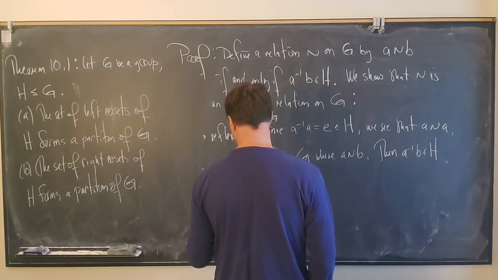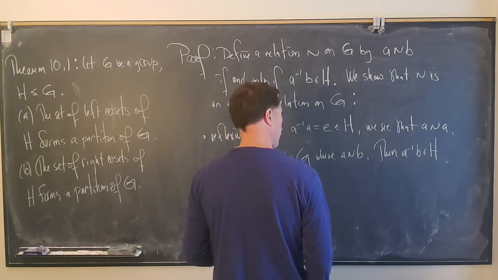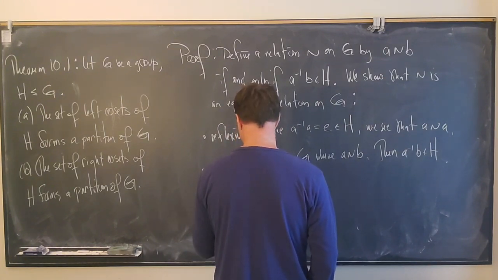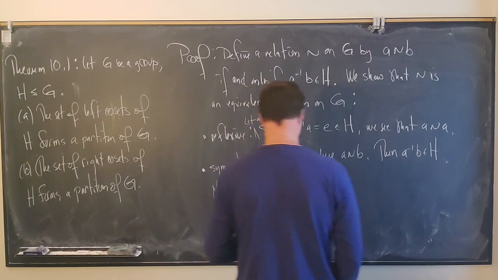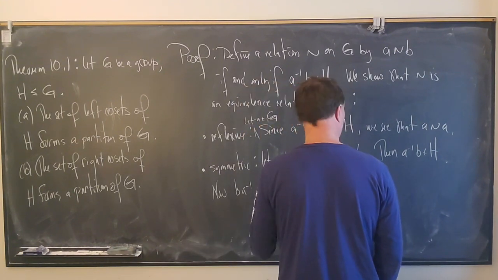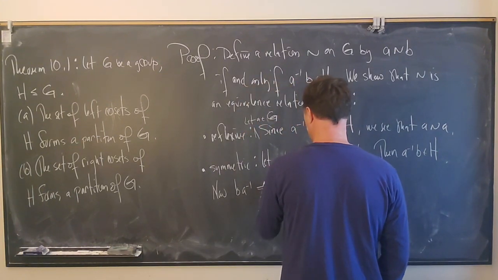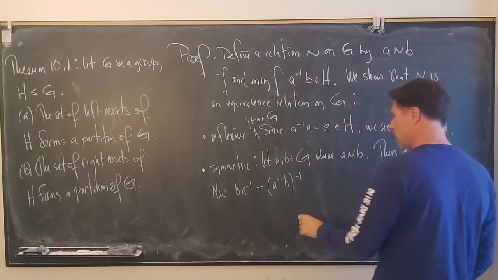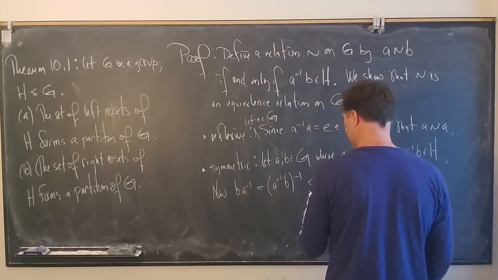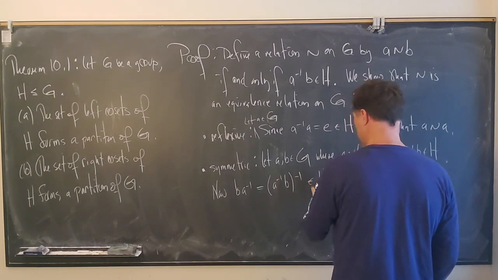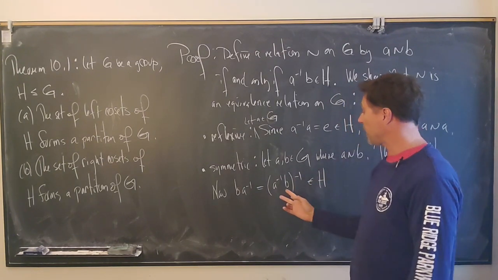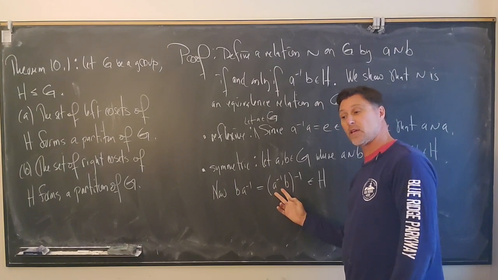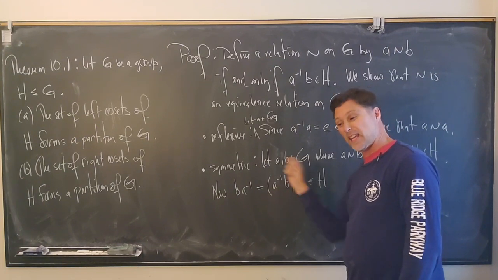So now what we have is B inverse A, which is equal to the inverse of A inverse times B. That has to be an element of capital H. Remember, to find the inverse of a product like this, you reverse the order and invert each element.